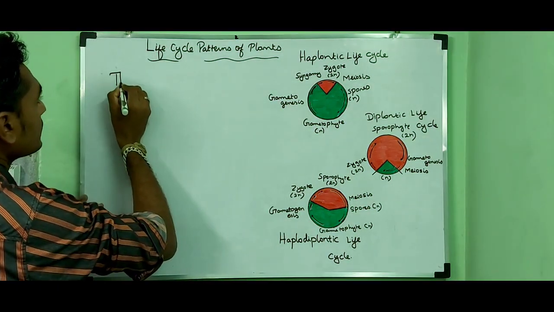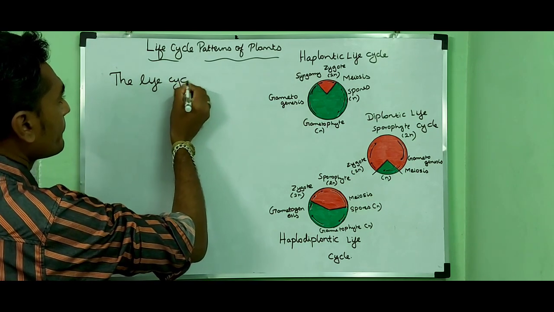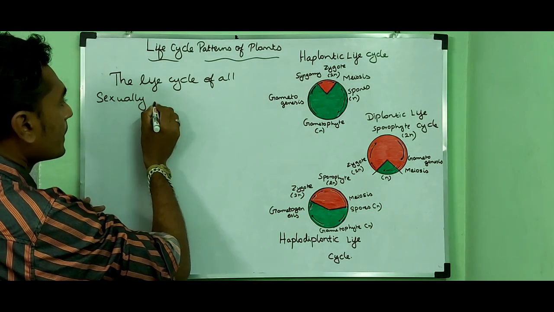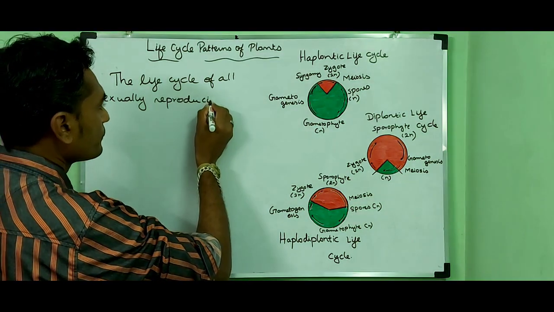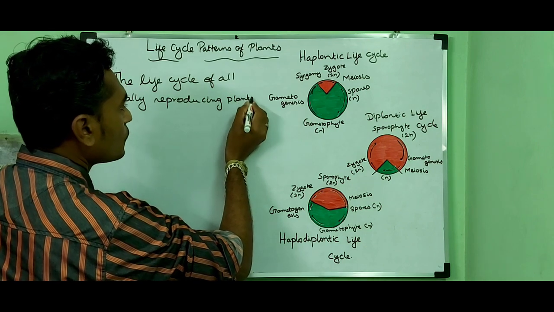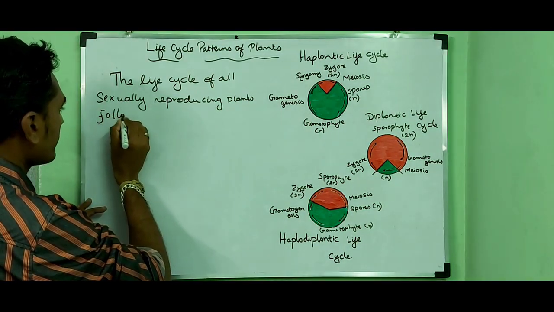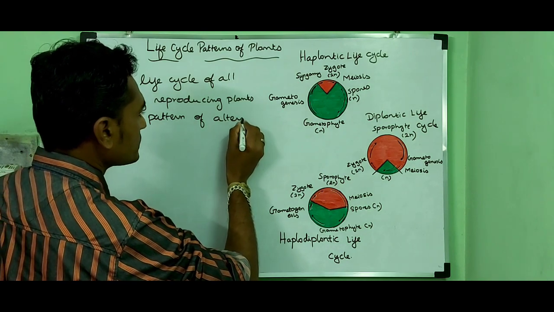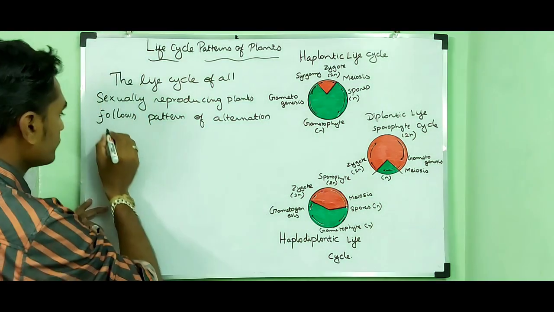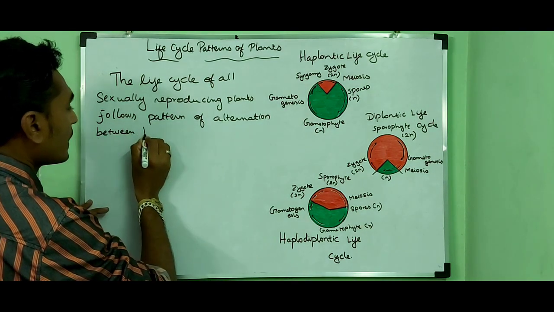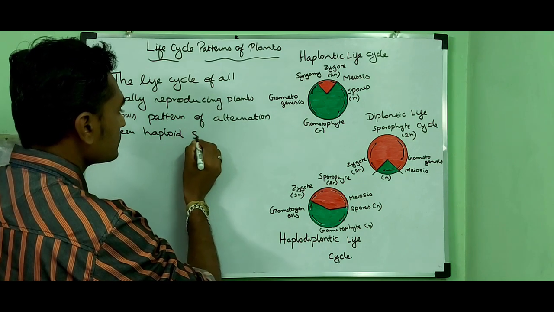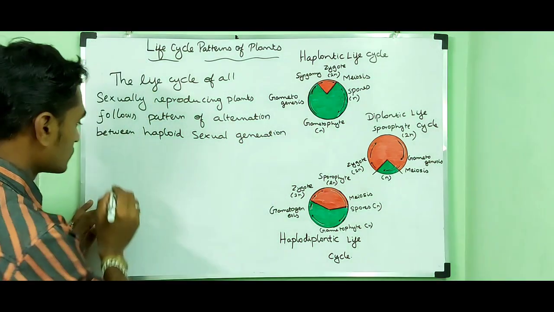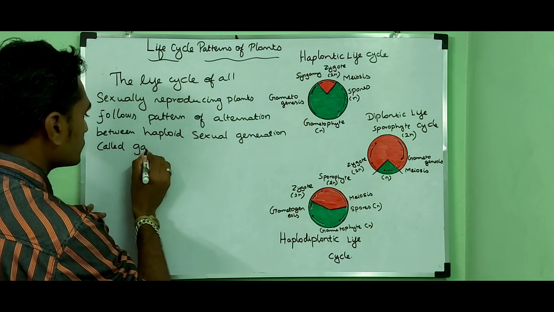So the life cycle of all sexually reproducing plants follows a pattern of alternation between haploid sexual generation called gametophyte.